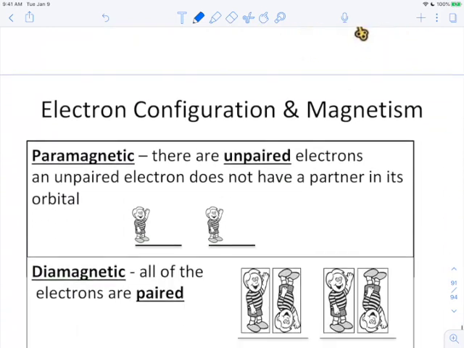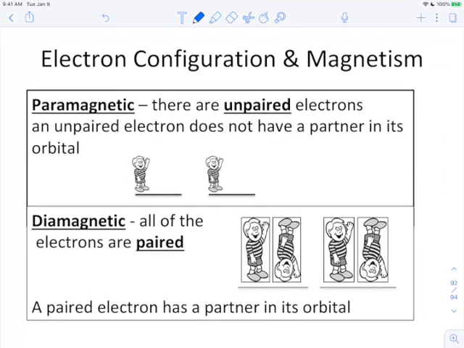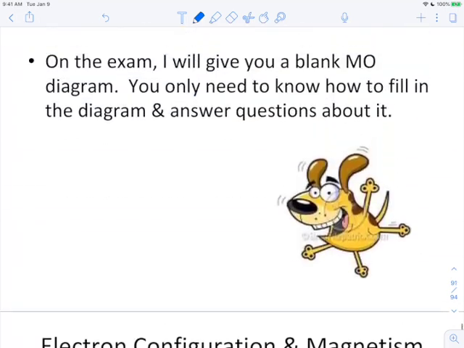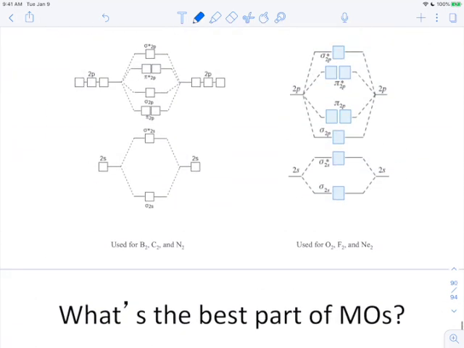All right. So next up, I promised you we'd talk about paramagnetism and diamagnetism. Oh, in this case, will you fill the anti first so long as it's above? So you are always filling the bonding before the anti-bonding. You're just going in order.